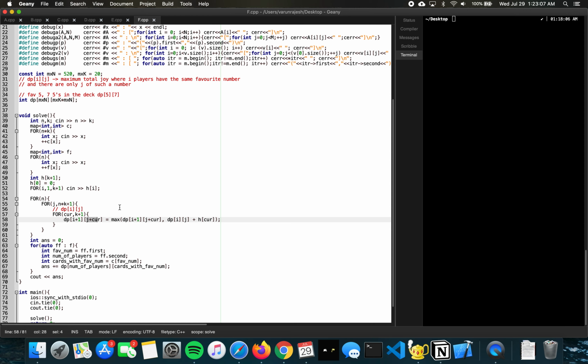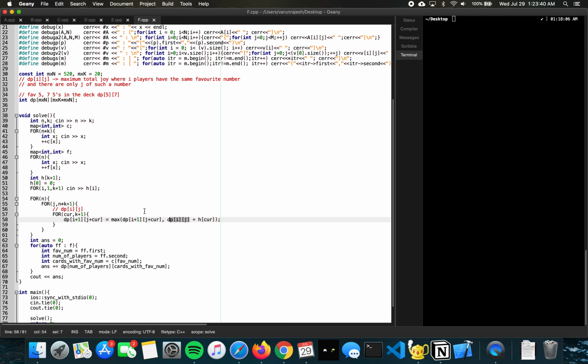So what does that mean? At our current person, we know what is the best value. Now let's assume we add one more person that has this favorite number. If the number of favorite cards stays the same or increases, we can calculate the optimal value to be the maximum between its current value and the value of adding a happiness of cur to dp[i][j].